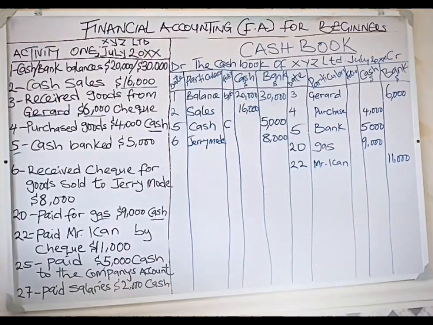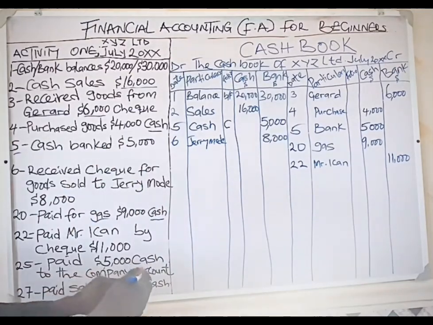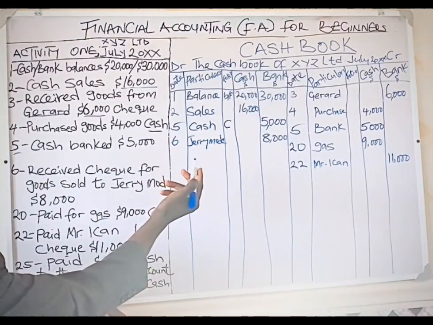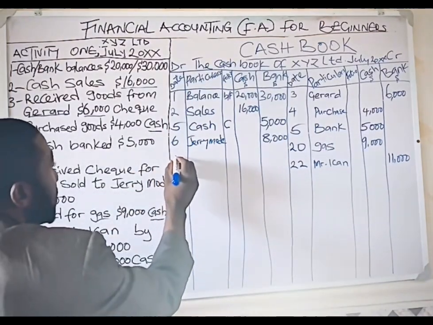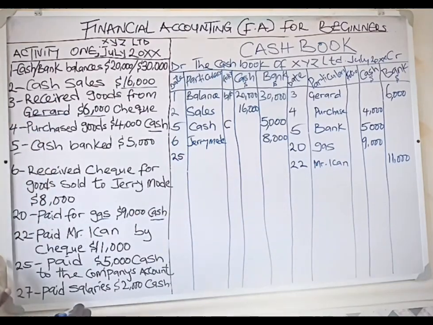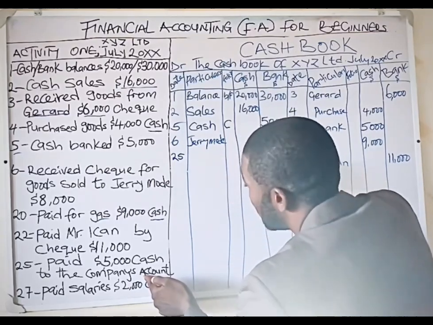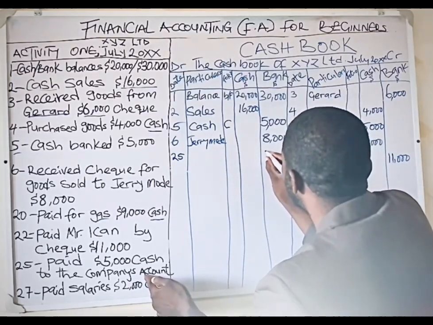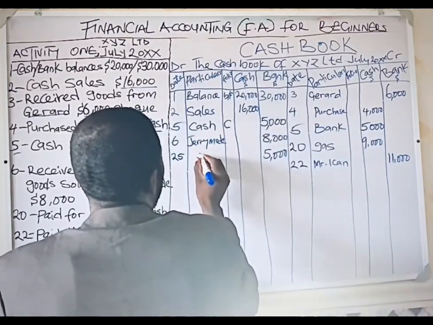You do not pay because you're buying or any transaction, but you are still putting it in the bank's account. So it's a contra entry. So here we paid $5,000 cash. Cash is going and to the company's account. Then the bank is coming to the bank account. That is debit. So you say on the 25th of July, we are receiving cash to company's account, which is at the bank column, of $5,000 through cash.